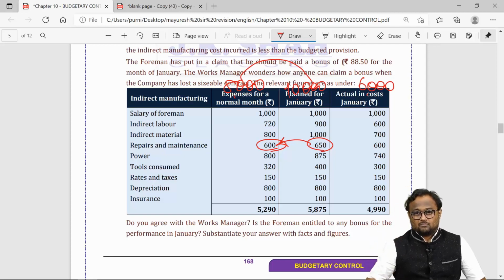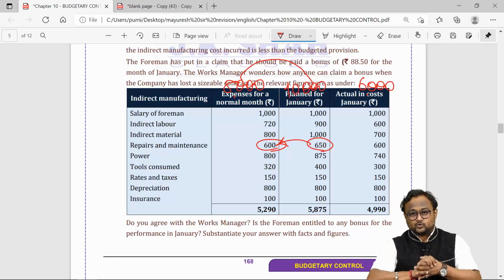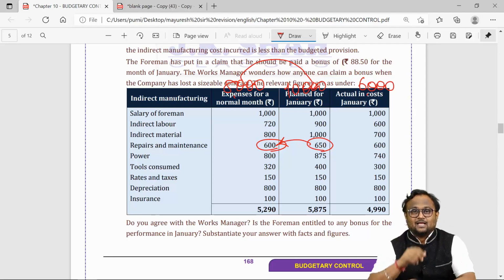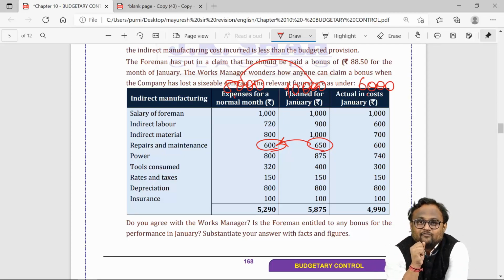So you multiply all CPUs by 6000 to know the budgeted figure at 6000. See, I have actual data given for 6000, so I want my budgeted data also at 6000. So take the CPU of variable cost, apply that on 6000, and you will get the answer.